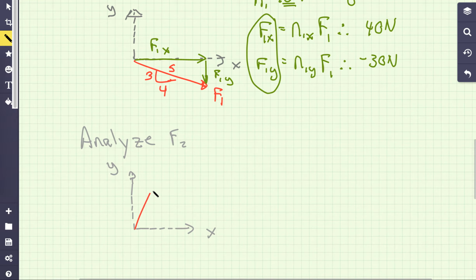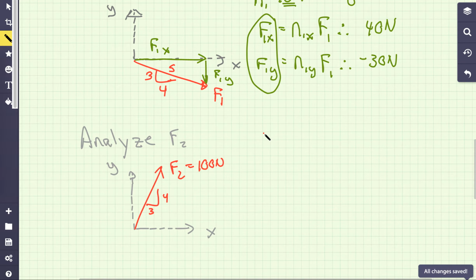This time we have F2, and the magnitude of F2 is 100 newtons. We have almost a flipped slope. Every time it goes 3 in the X, it rises 4.